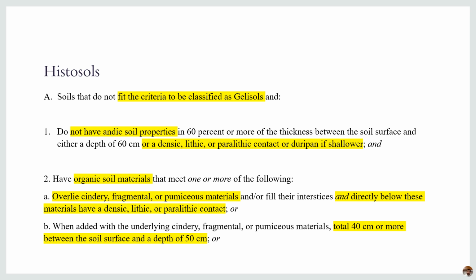Okay, and the histosols also did not present any andic soil property in at least 60% or more of the thickness in a horizon between the surface and 60 centimeters, or between the surface of the soil and the densic, lithic, or paralithic contact, or we can think of any kind of material that could mark a zone that has very low weathering.